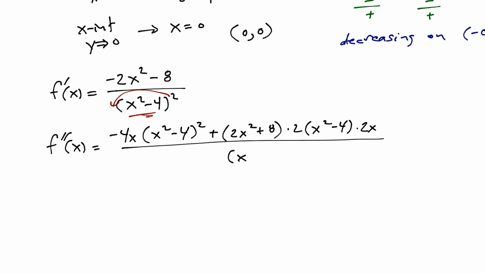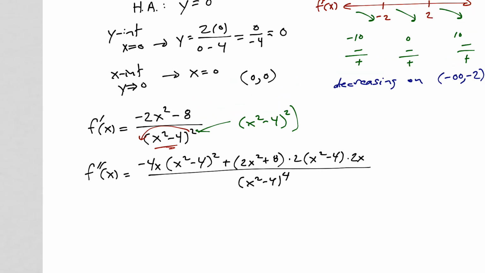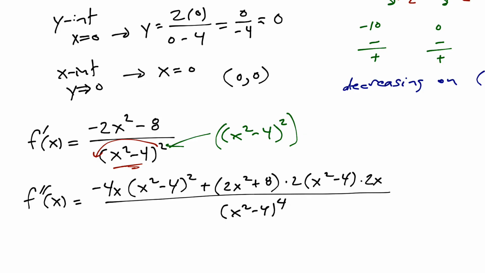The denominator is going to be x squared minus 4 to the 4th power, because I'm squaring the square down here. And x squared minus 4 squared and then squared, I can multiply those exponents, and we get x squared minus 4 to the 4th.